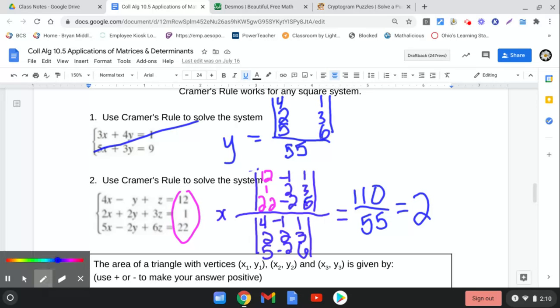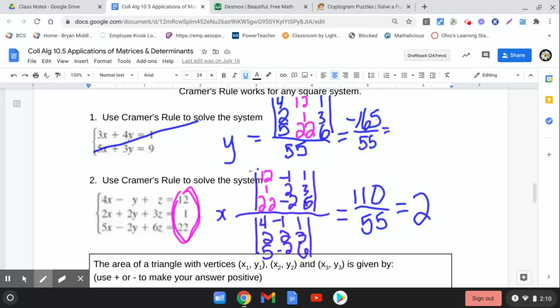But then you're going to replace the y's with those answers, 12, 1, 22. And then you'll pop over to Desmos or your graphing calculator. You find the determinant of that top matrix. I believe it's negative 165 divided by 55. So now we know that y is negative 3.